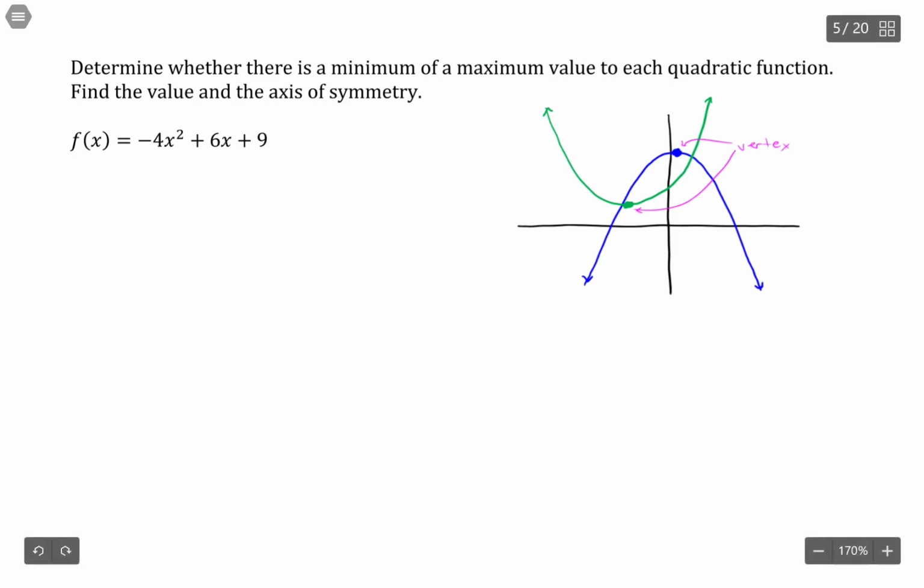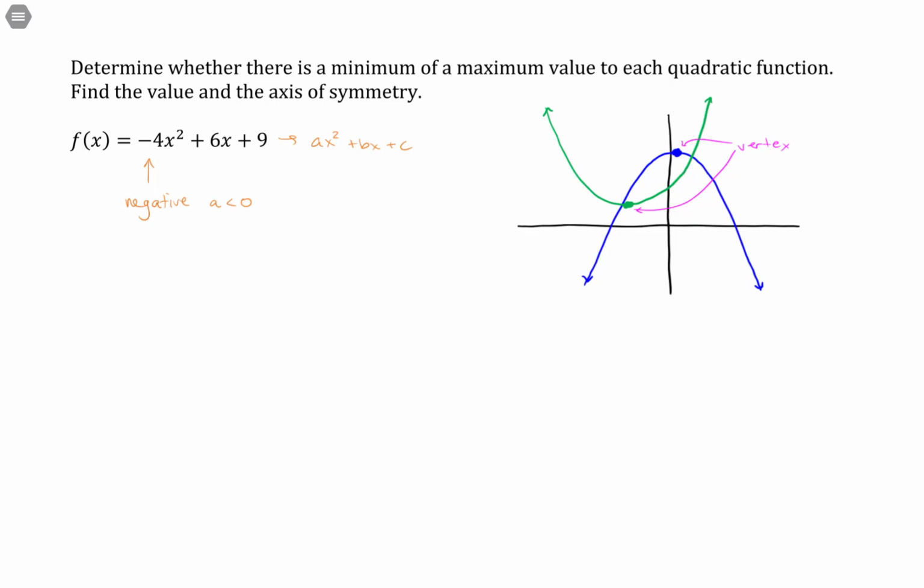So to determine that, what we need to notice is that the leading term coefficient here is a negative number. When the leading term coefficient is negative, so we say when a is less than 0, because the general form of a quadratic is ax squared plus bx plus c, so the number multiplying the squared term is a.